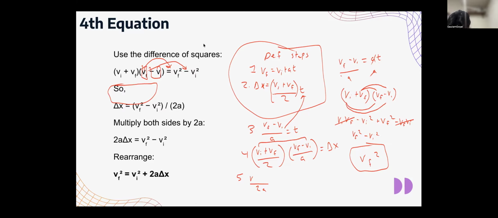So then you have vf squared minus vi squared over 2a is equal to delta x. We don't want to forget the delta x we were dealing with, right? Here was the equation we inputted it in, and here's the delta x reoccurring, correct? And again, we are trying to solve for vf squared.